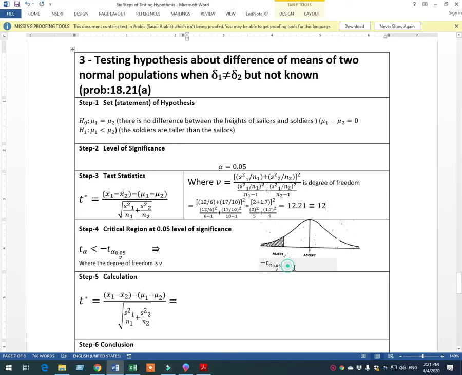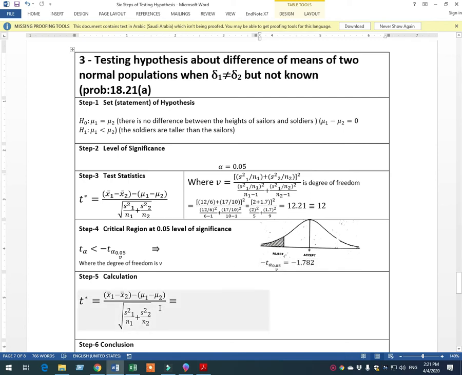Actually this would be on the negative side, so that's why I am putting the negative sign. So minus 1.782 would be the value of this T alpha 0.05 with the degree of freedom V on the negative side, minus 1.782.